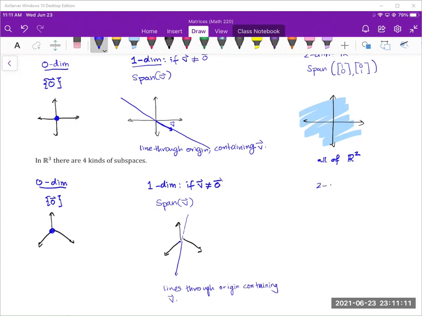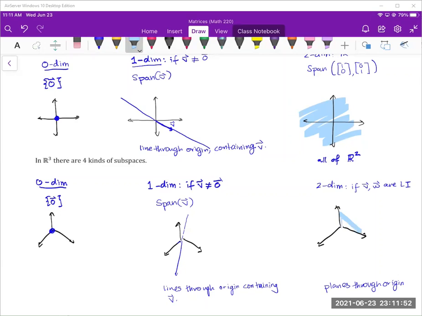We have two-dimensional subspaces. If v and w are linearly independent, then they're going to form a plane that goes through the origin. We have just two directions that we can build everything with. Okay, so for example, we might see the plane.